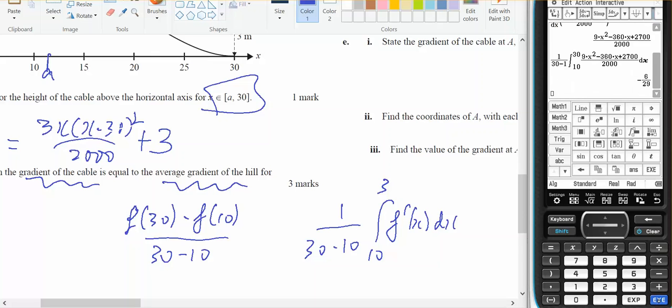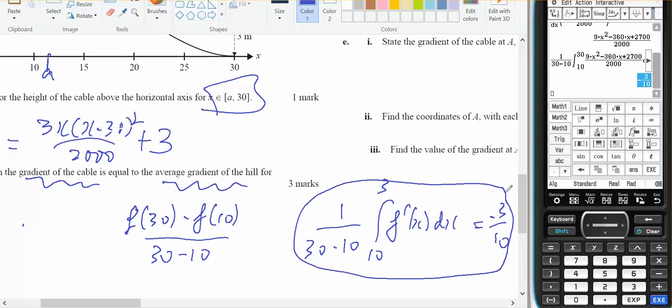And that gives me minus 3/10. So it's equal to minus 3 on 10.